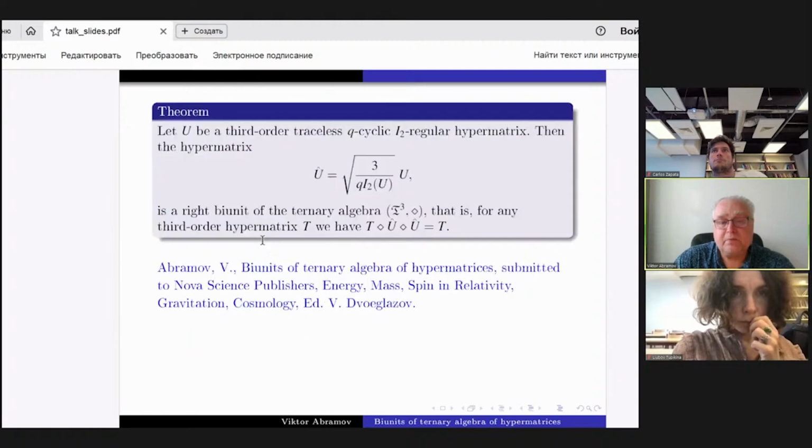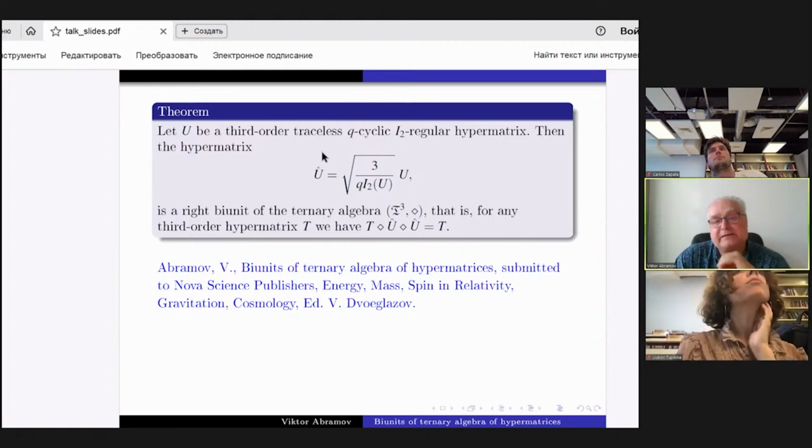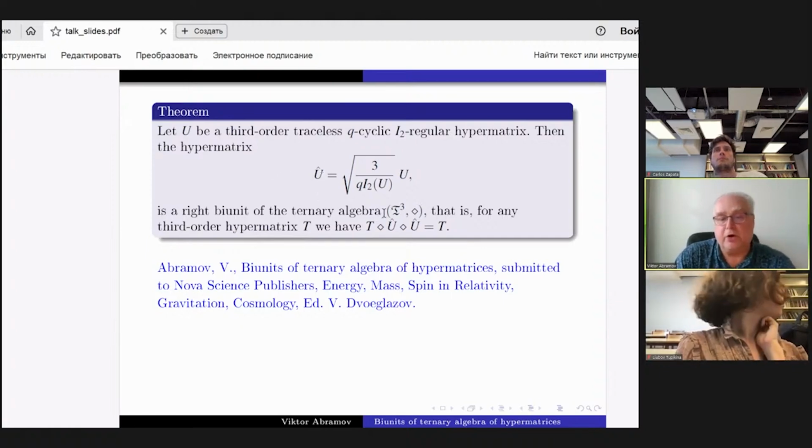So now we can prove a theorem. If U is a third order traceless, q-cyclic, and I2 regular hypermatrix, then this hypermatrix will be a right biunit of the ternary algebra of third order hypermatrices, which means that if I multiply, this is not the fish product, multiply from the right, then it will be the same.